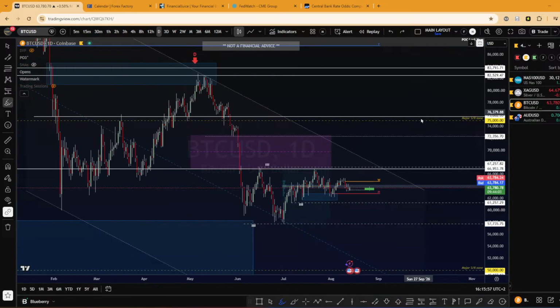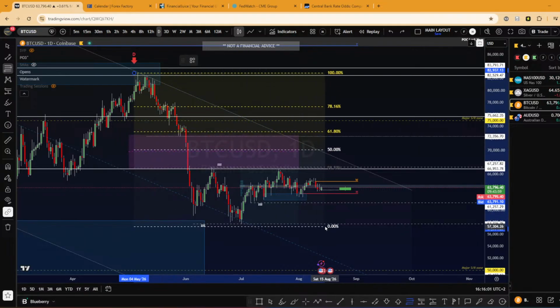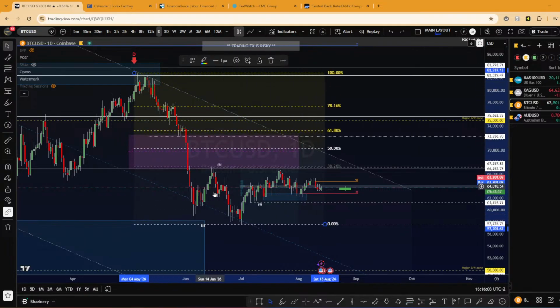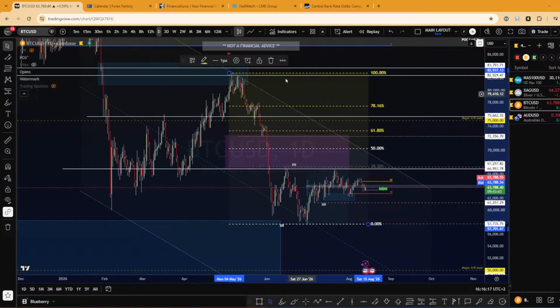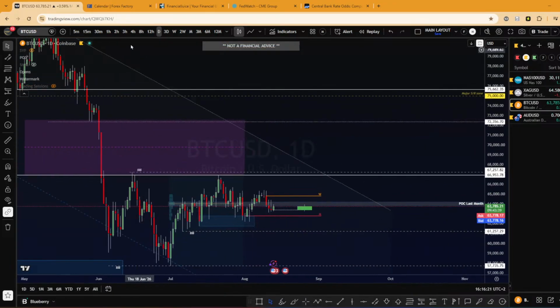Because if I measure this last daily leg from this high to this low, you see that we have some room to target 50%. So I think we will reach here first, find resistance in this premium zone, and then we will drop. That's pretty much what I'm seeing right now on Bitcoin.